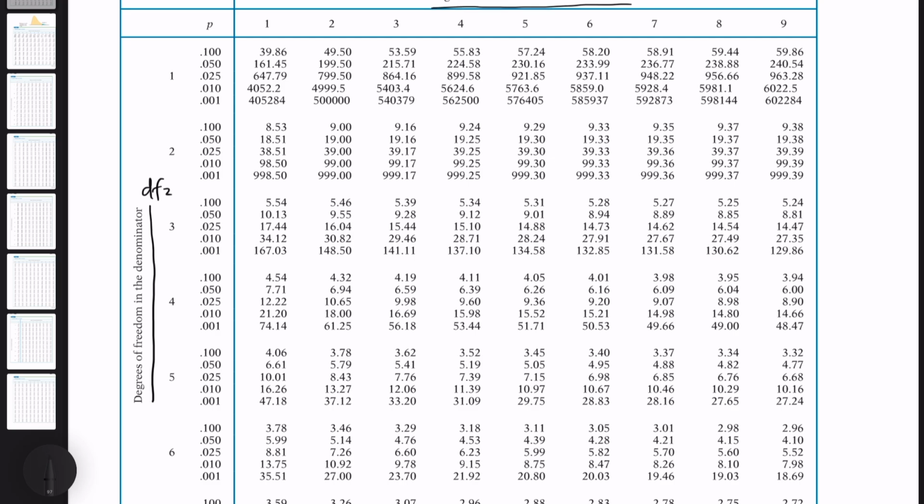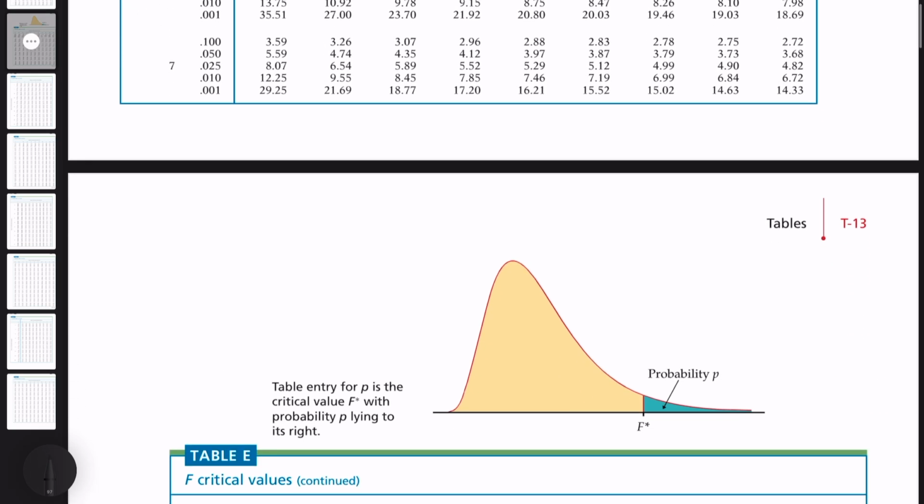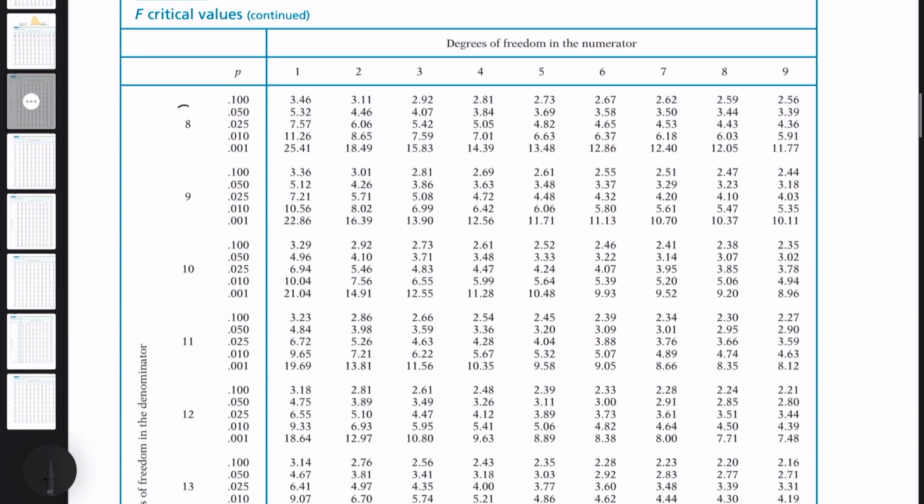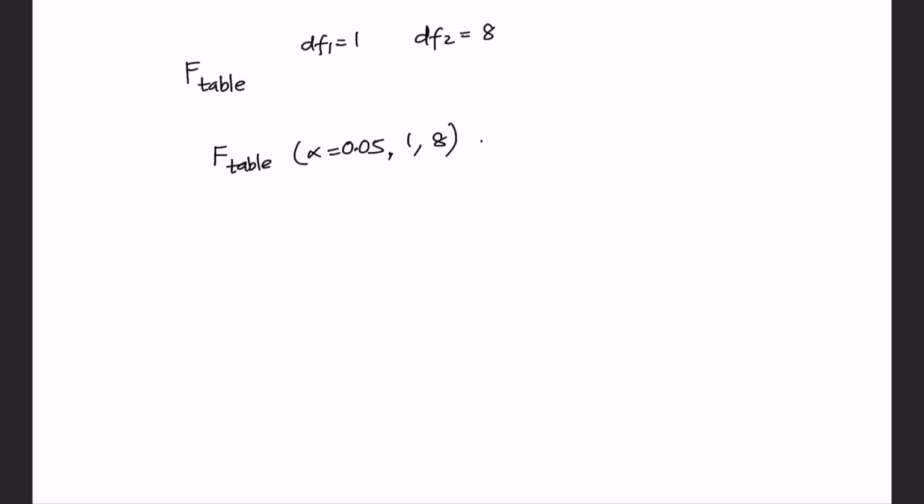Now we have DF2 of 8 and DF1 of 1, and the alpha value that we chose is 0.05, so that value is 5.32. Again, note down, F values are the same throughout the entire table, so this value will give you 5.32.